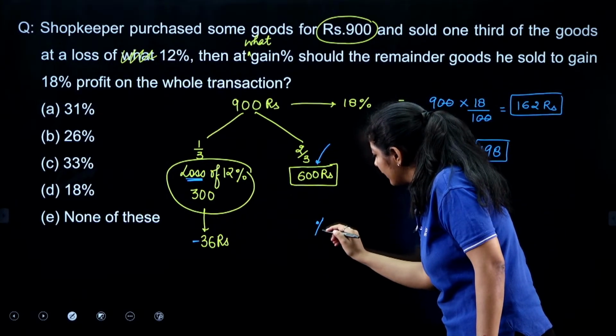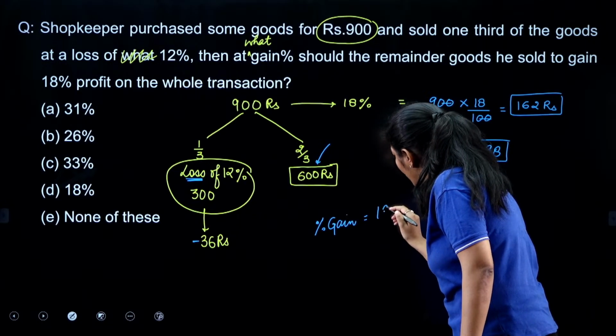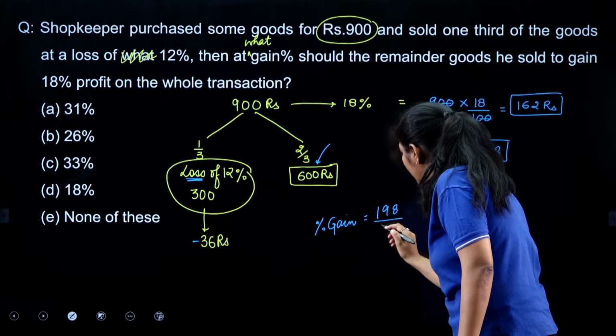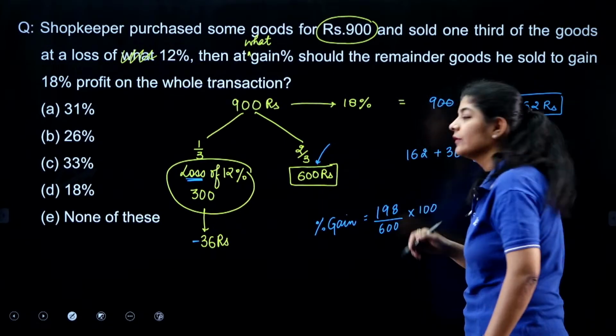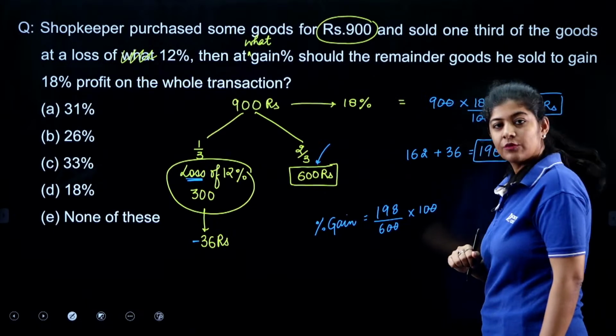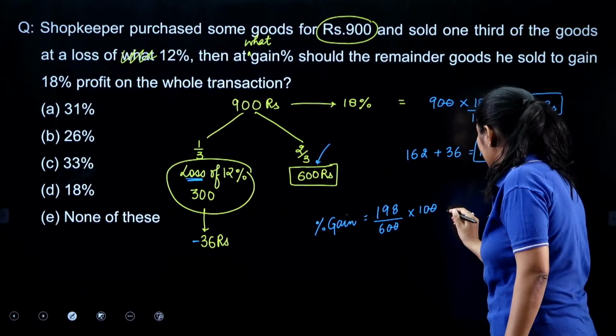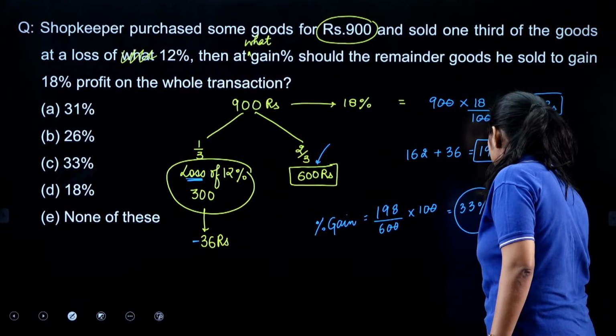So to find out the percentage gain, he wants to earn 198 rupees over 600, and we multiply it by 100 because we need the percentage, right? So these two zeros and these two zeros are eliminated, and we get our answer as 33%.